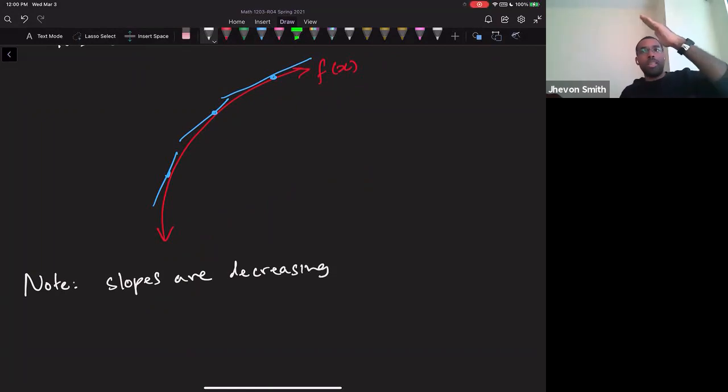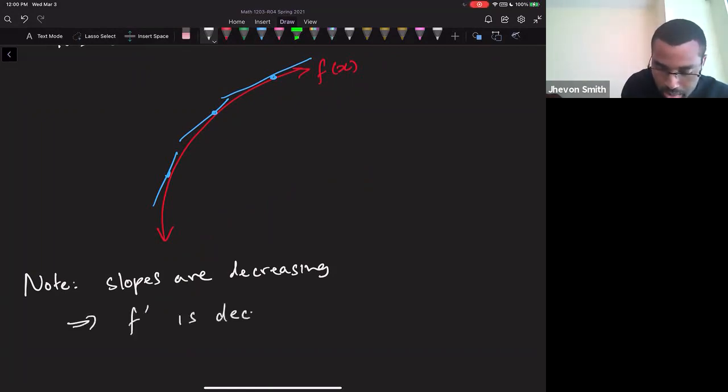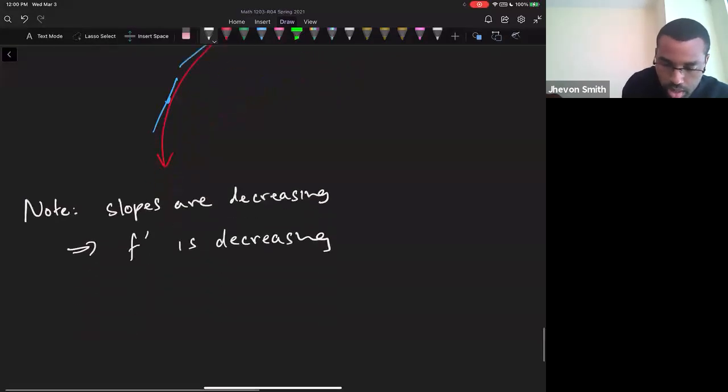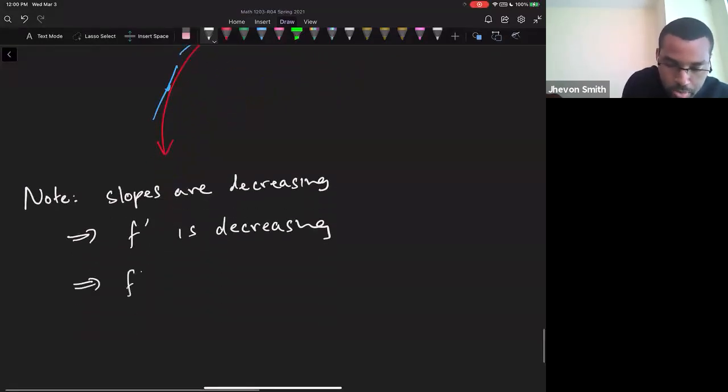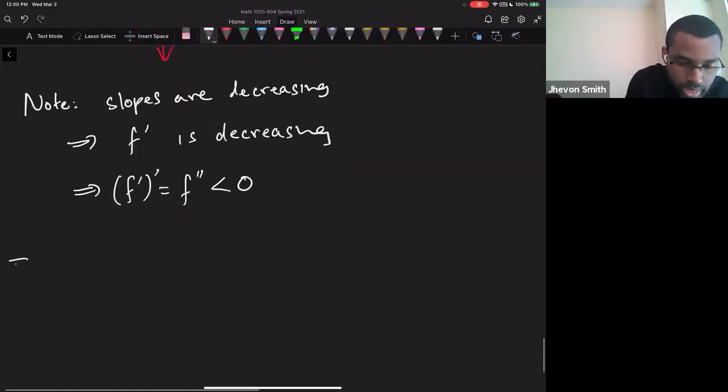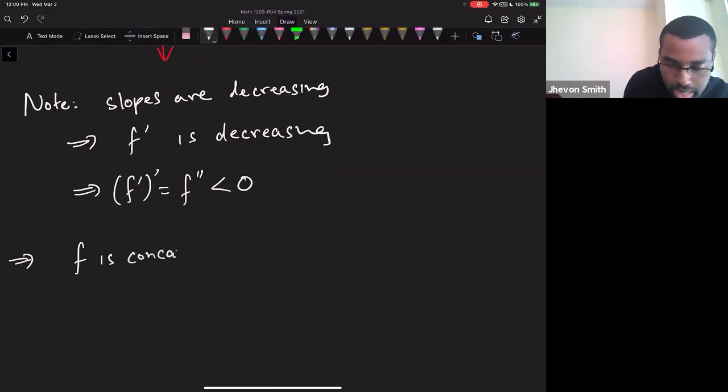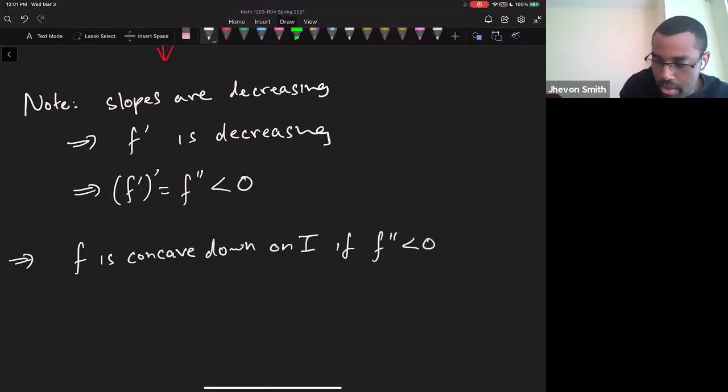They were very positive, but then they're becoming zero in this particular example, right? They're getting smaller. Slopes are decreasing. This means f prime is decreasing. And that means f prime prime, which is the same as f double prime, is actually less than 0. So then we get f is concave down on I if f double prime is negative.